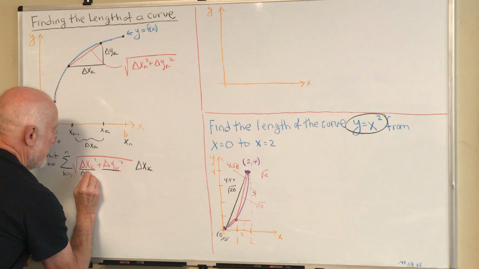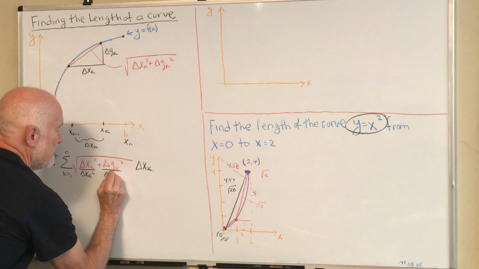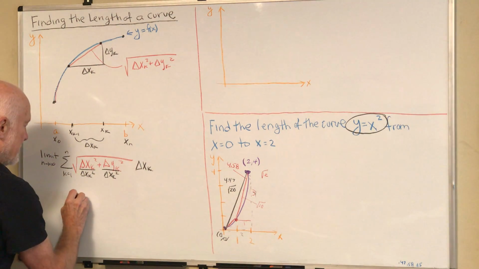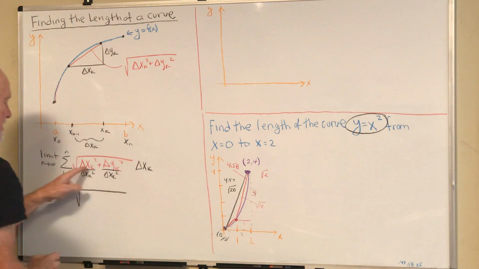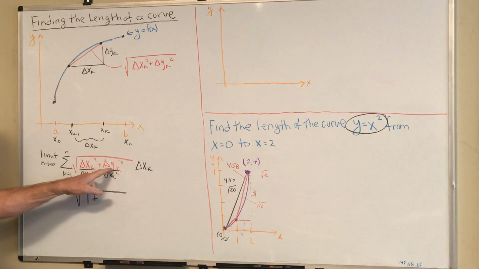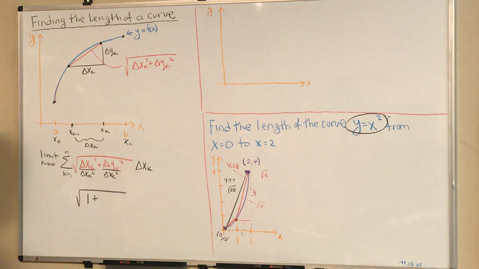Well, we can do that by dividing under the radical by delta x sub k squared. Now, we're getting closer. This is going to be 1. And this is delta y sub k over delta x sub k squared.